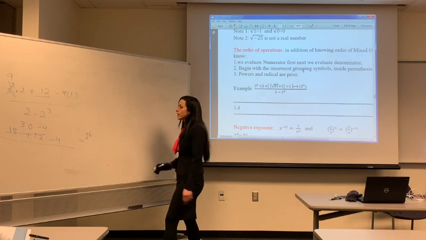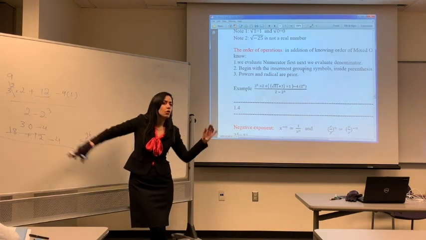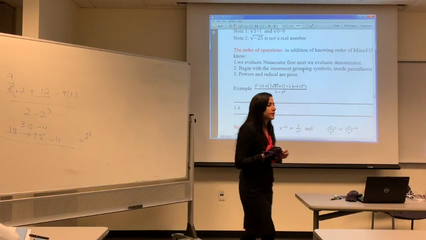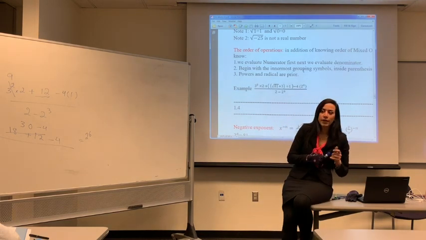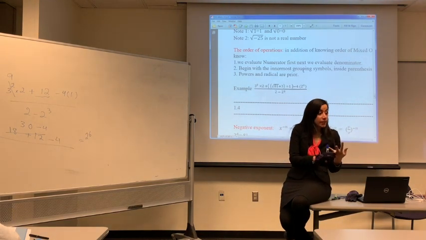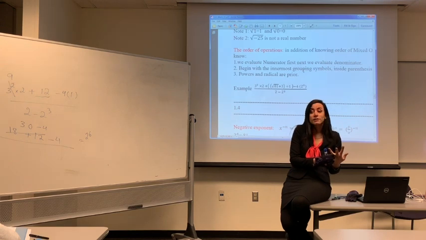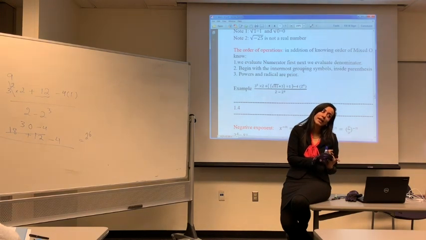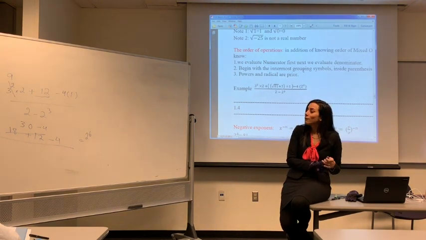So the denominator, order of operation. Parenthesis first, correct? We don't have parenthesis. Then exponent and radical. After exponent and radical, we have division and multiplication, and then at the end we have subtraction and addition. So now we have power, correct?